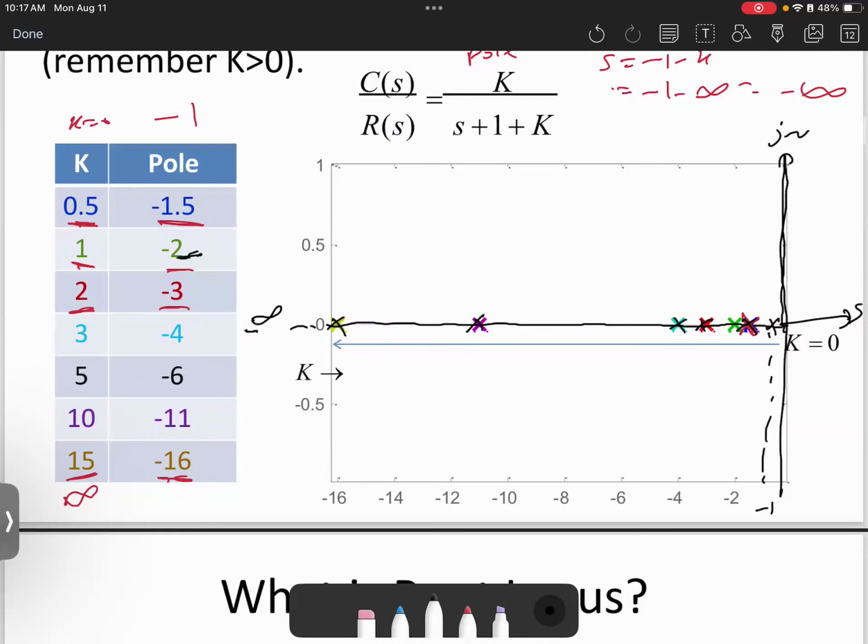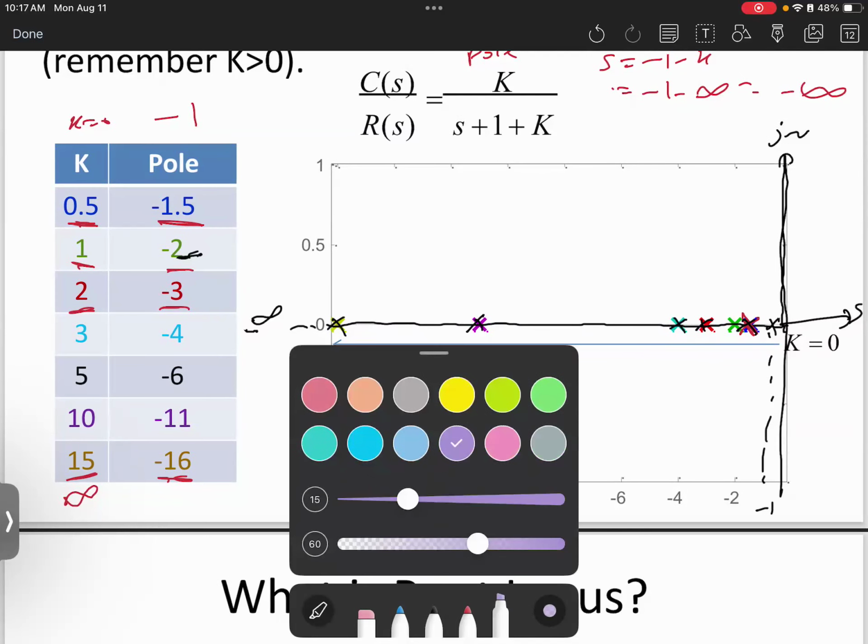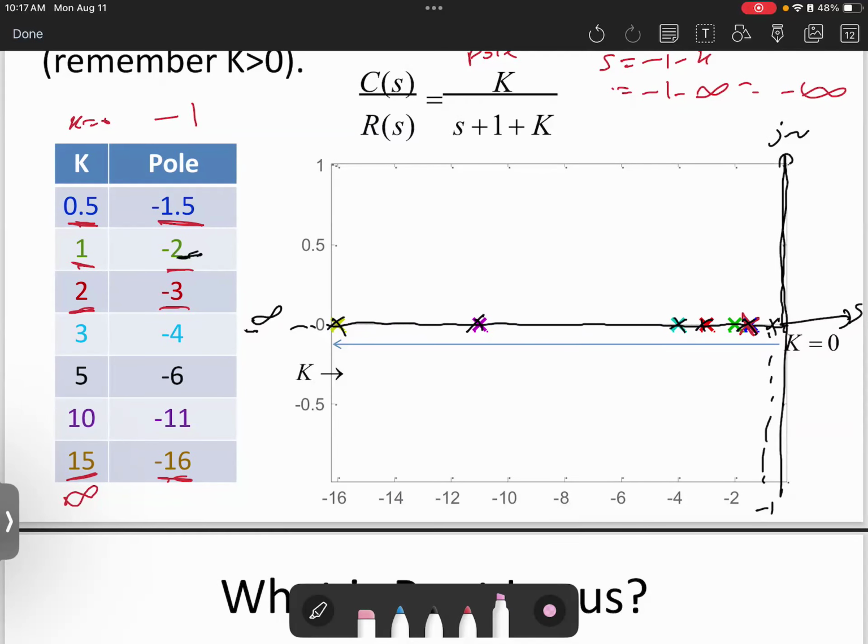So as a result, we can see that the poles have the tendency to move deeper into the left half plane. In the last two lectures, we mentioned that the poles can move to the right half plane, or they can move to the left half plane. So it depends on the nature of the system.